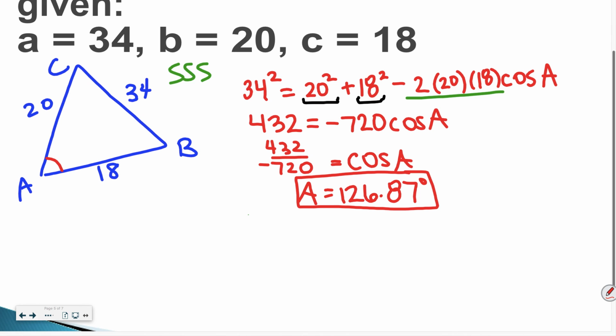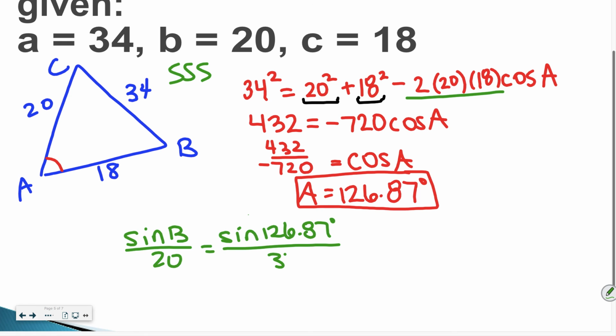There's no wrong answer. B. So if we wanted to solve for angle B, we would set up the sine of B over 20 equals the sine of 126.87 over 34. Now that we're using sine of B, multiply this 20 over, and now you're going to use the inverse sine to solve for that angle.